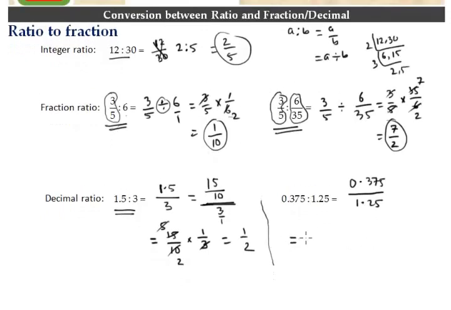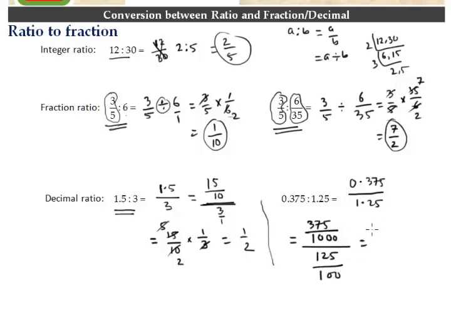So 0.375 can be written as 375 division 1000, for decimal point 1 and then 3 zeros, and 1.25 can be written as 125 division 100, decimal point 1 and then 2 zeros.